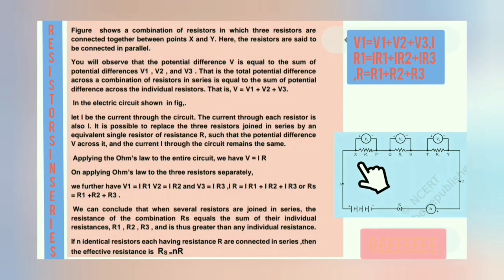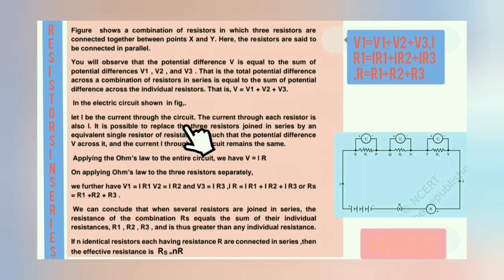From the previous activity, we have seen that V is equal to V1 plus V2 plus V3. We measured the potential difference across all the resistors together, and we measured the potential difference across each resistor individually. Then we have seen that V is equal to V1 plus V2 plus V3.